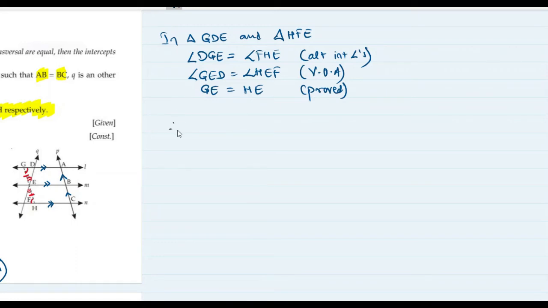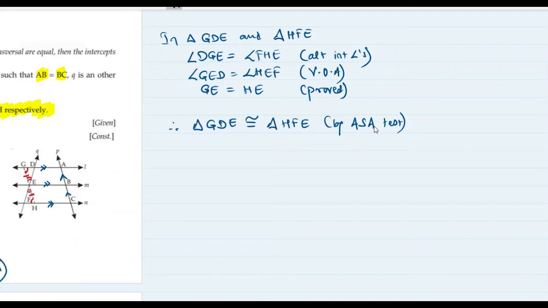Therefore, we can say that triangle GDE is congruent to triangle HFE by ASA test, angle side angle test.